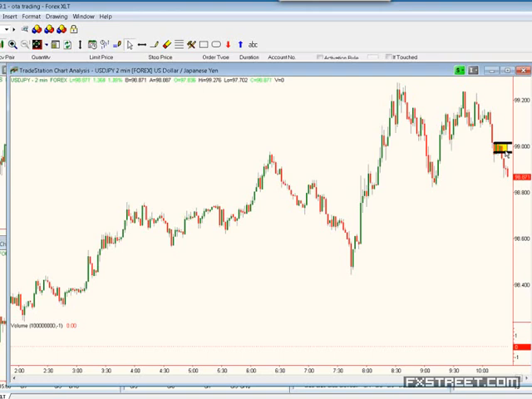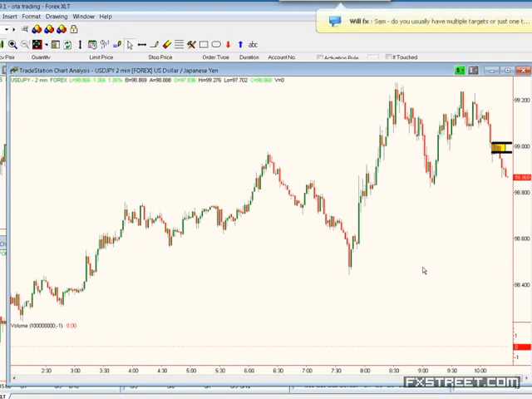And it's tricky. This is competition, kind of a zero-sum game, right? Yet we're all trying to learn it and do it the same way. So you've got to balance that. That's the reality of this. Will, I like to just have one target.